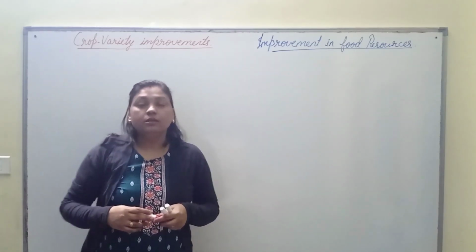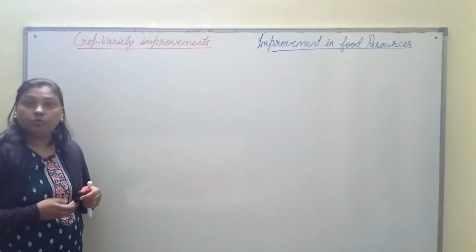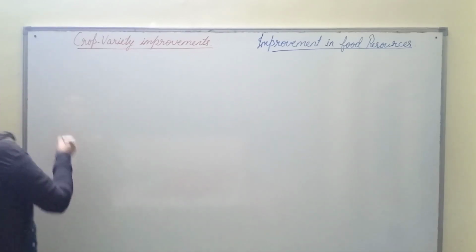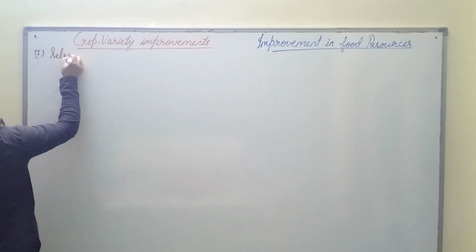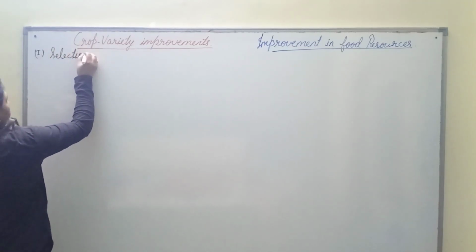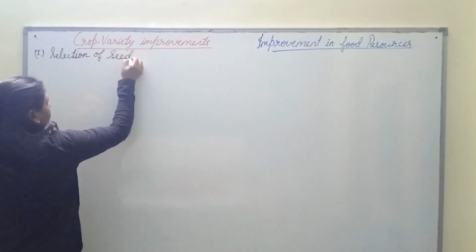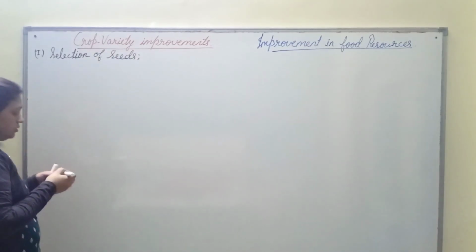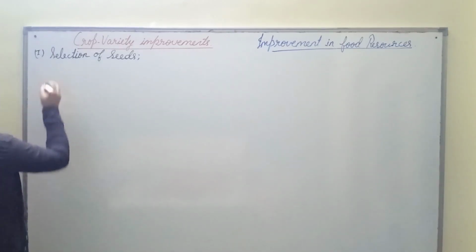So let us see what are the different factors that can improve the crop variety. So first factor is the selection of seeds. Selection of seeds, that means the seeds should be of better quality.